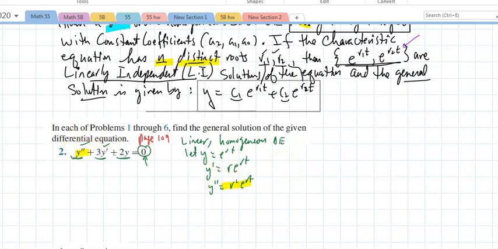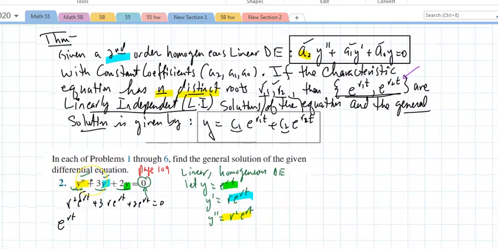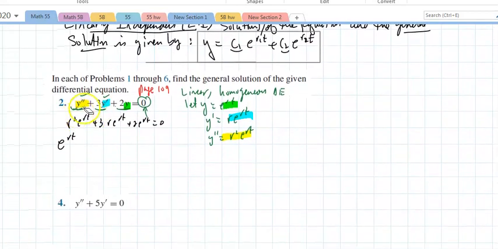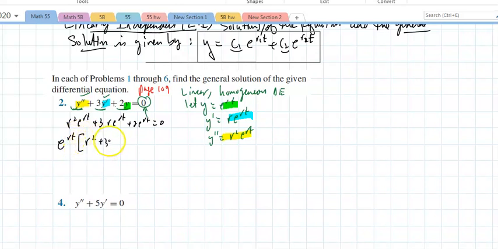This for this, this for this, and this for this. I'm looking at r squared e to the rt plus 3 times r e to the rt plus 2 e to the rt equaling 0. If I factor e to the rt out, I'm looking at r squared plus 3r plus 2 equaling 0.